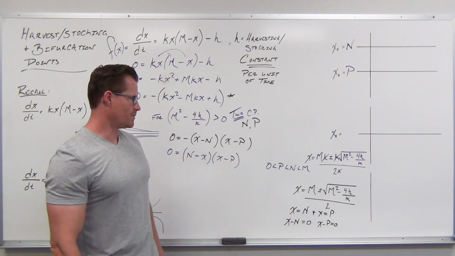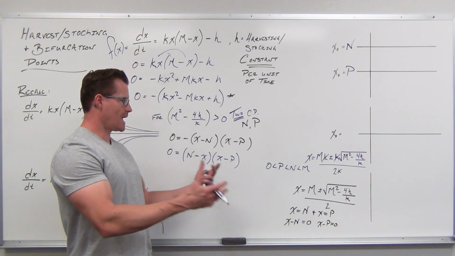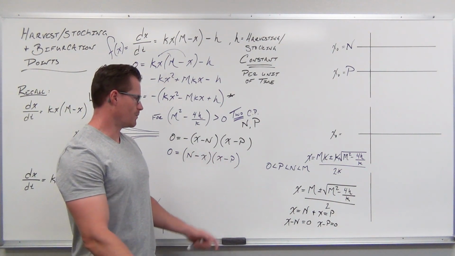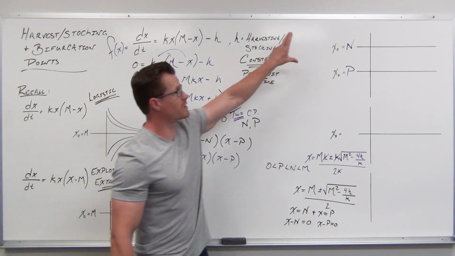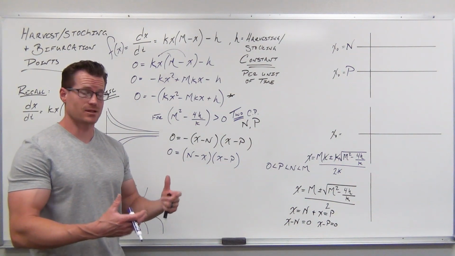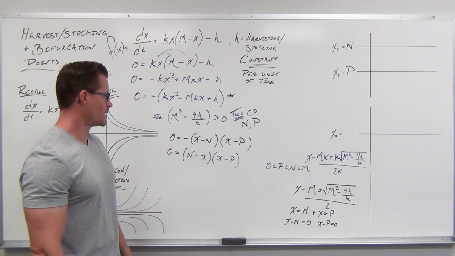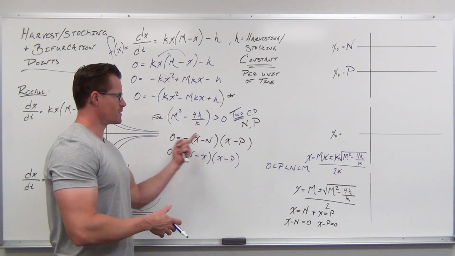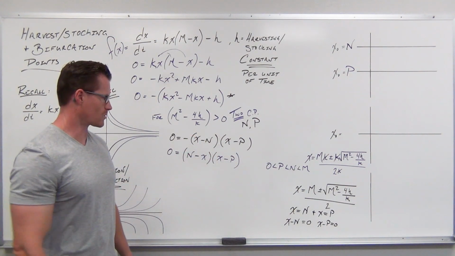That's going to make this work a little bit better for us. That way we can say, okay, n is the bigger critical point and p is a smaller one, so that we can put them on our graph appropriately. And let's distribute the negative to the one that has the n. It's going to make it look like the logistic equation for us. If they were reversed, we would distribute this to the p and have that be the bigger critical point.